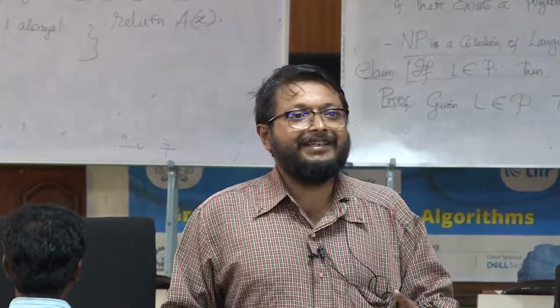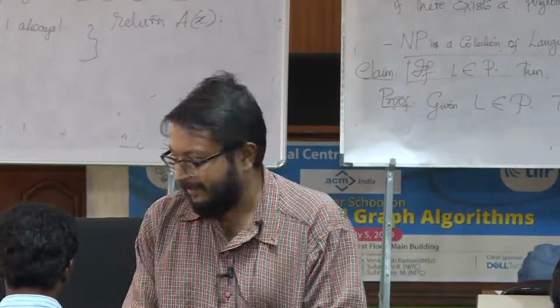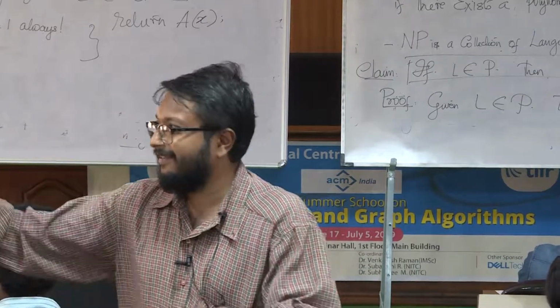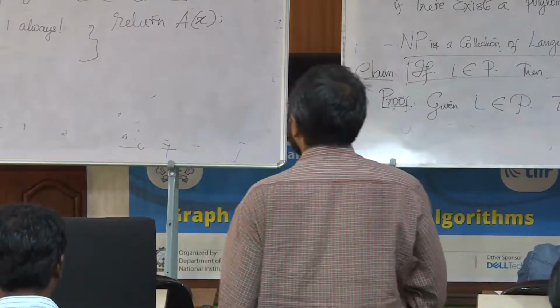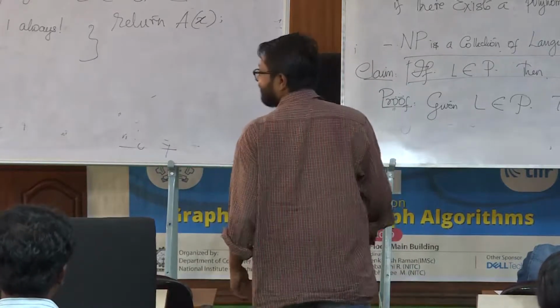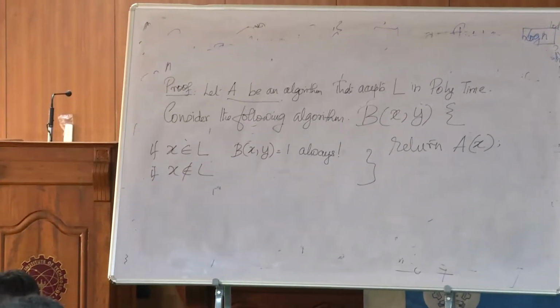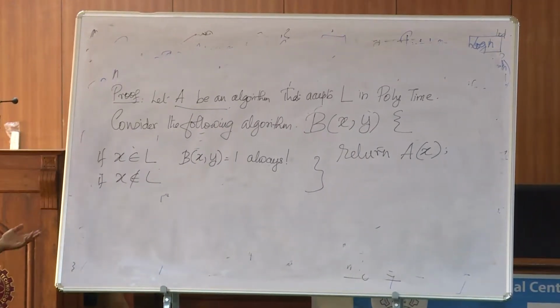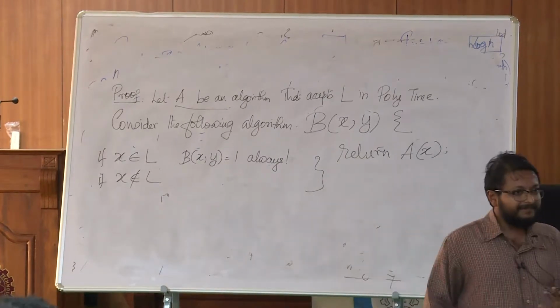So my verifier algorithm simply asks the user, okay, give me the password also. I throw the password into the dustbin and ask this guy to verify and then let the person in. That's what is happening. So if you can solve a problem in polynomial time, then trivially you can verify it in polynomial time. Is this clear?